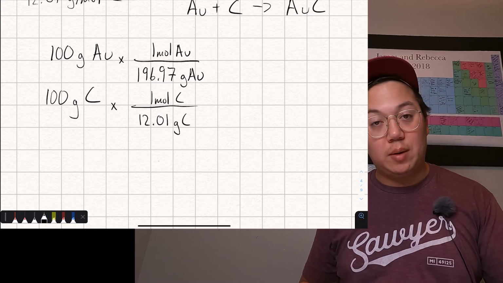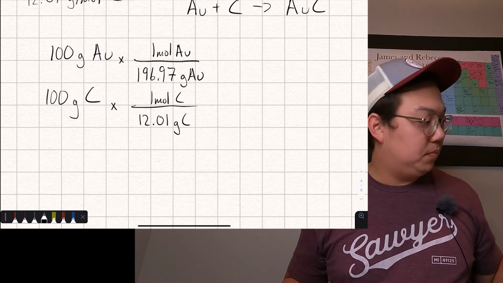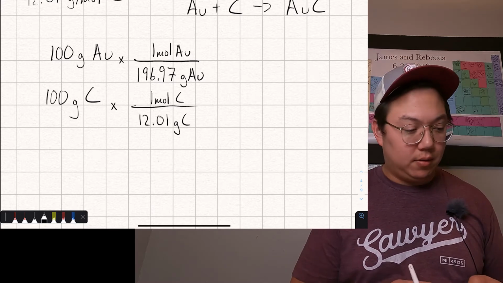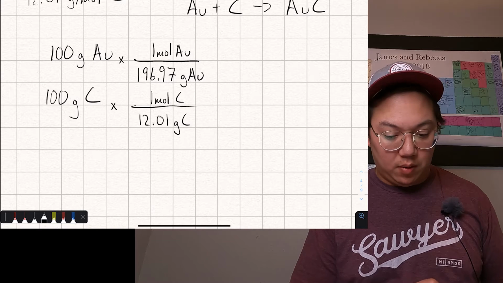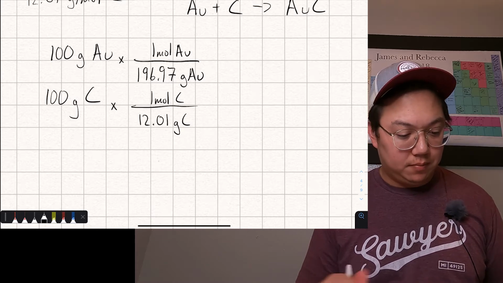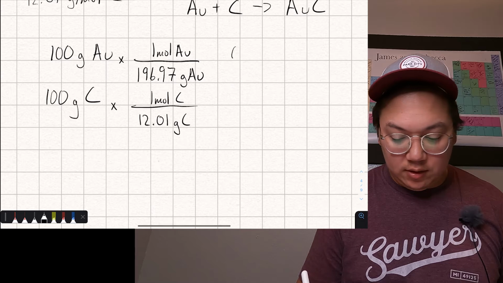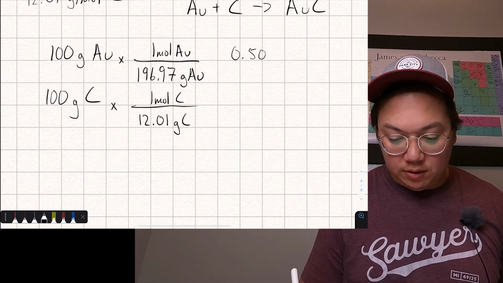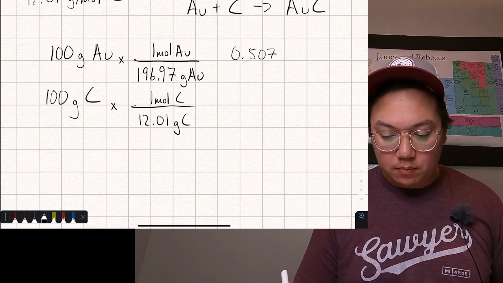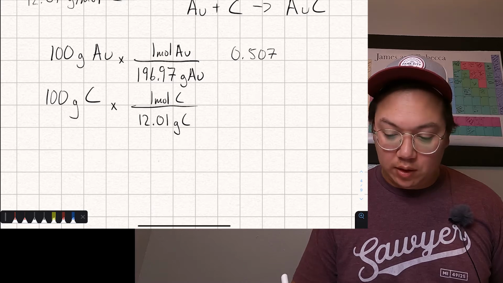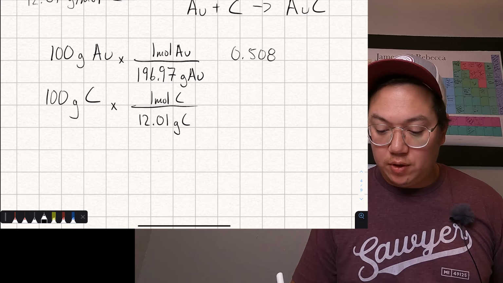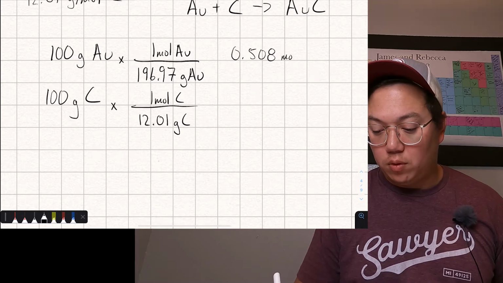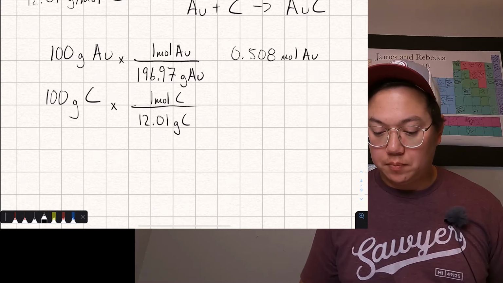So 12.01 grams of carbon is 1 mole. I've got my calculator here. If we do 100 divided by 196.97, we get 0.507, and with correct sig figs, this will give us 0.508 moles of gold.